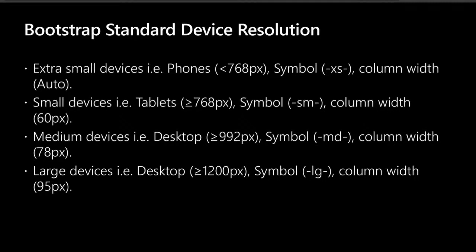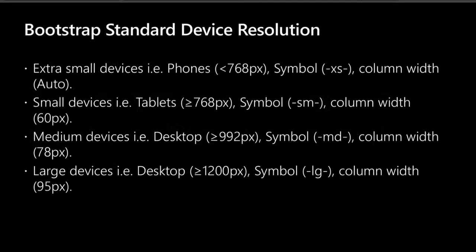These are the resolutions: less than 768 pixels is extra small, greater than or equal to 768 is small devices, greater than or equal to 992 is medium devices, and greater than or equal to 1200 pixels screen resolution is for large devices. The symbols accordingly are XS for extra small, SM for small devices, MD for medium devices, and for large devices we have LG. We can use the symbols in our Bootstrap elements.